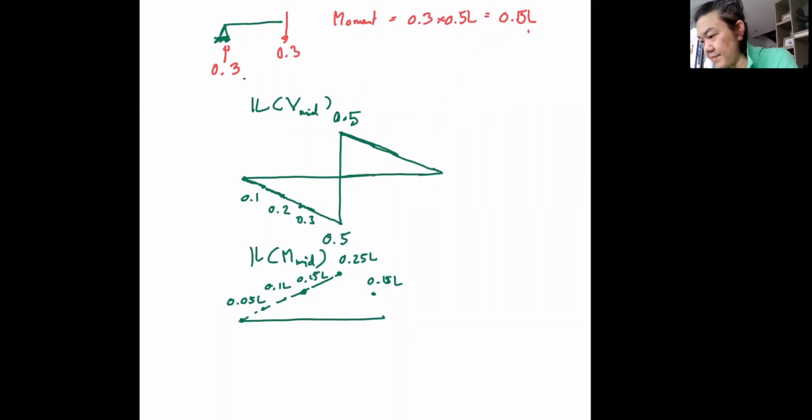It should be a solid line, and then like this.